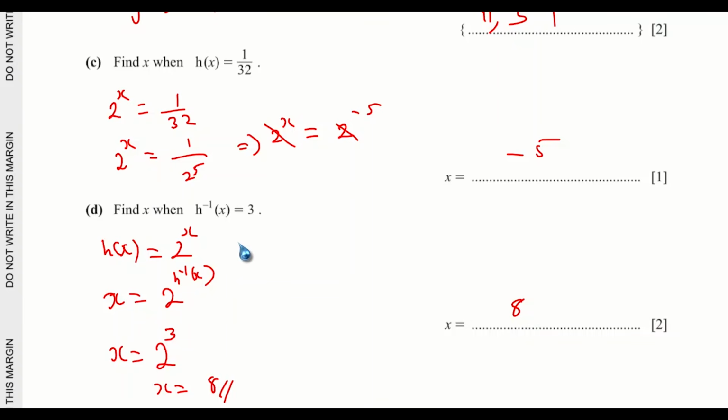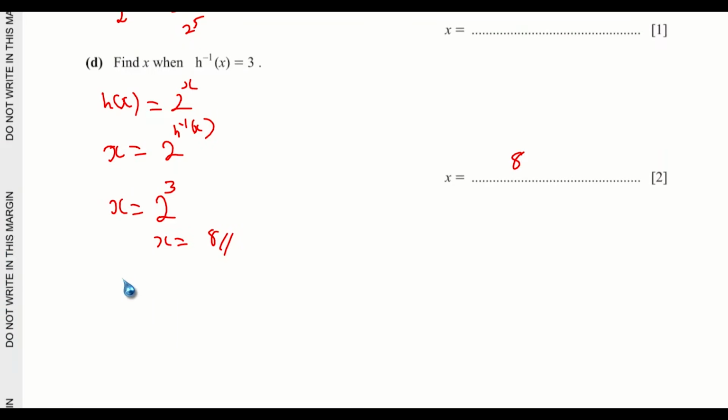Because a logarithmic function and an exponential function are similar. Just like when you have, let's say, natural log, which you can say log x, base e for instance, and let's say it's equal to a number n, then you can actually say e to the power of n is equal to x.